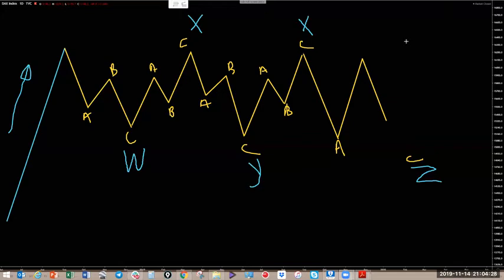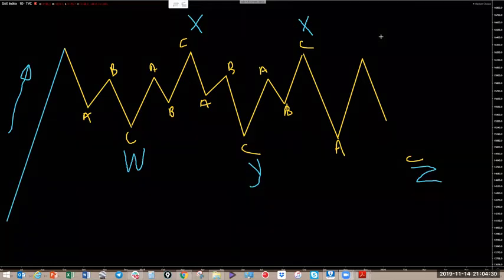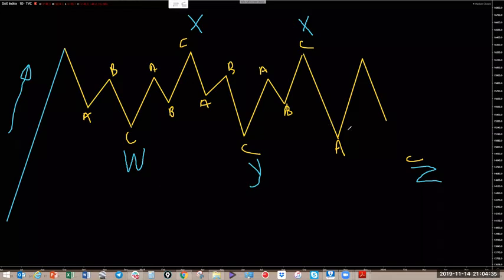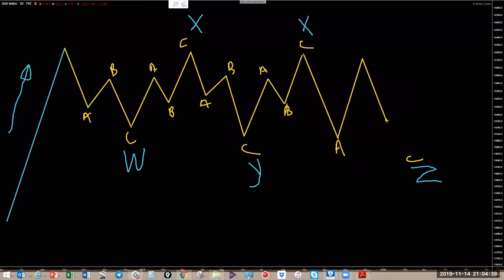So let me get the annotation right here and draw the triangle. A, B, C, D, E, that's our triangle. Then you'll expect the move to the upside. So draw the boundaries.